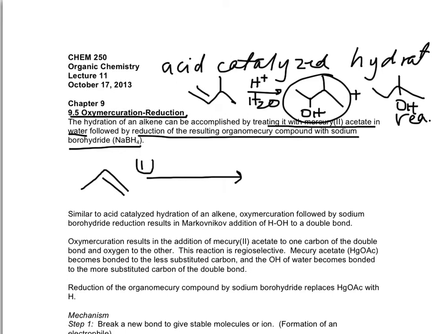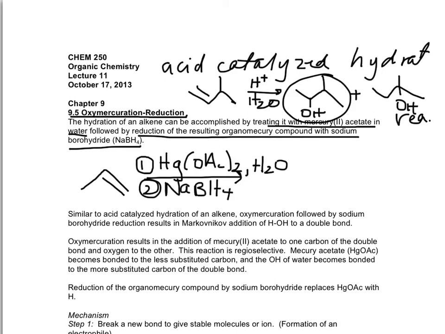The first step is oxymercuration, and the second step is reduction with sodium borohydride. We can see our starting alkene is unsymmetric. We have regioselectivity according to Markovnikov's rule.